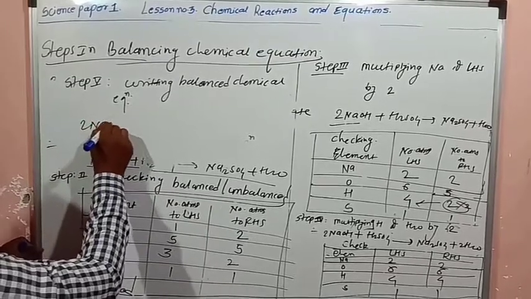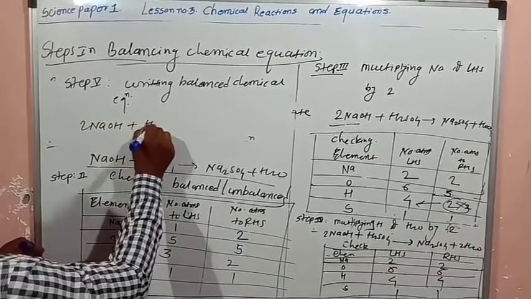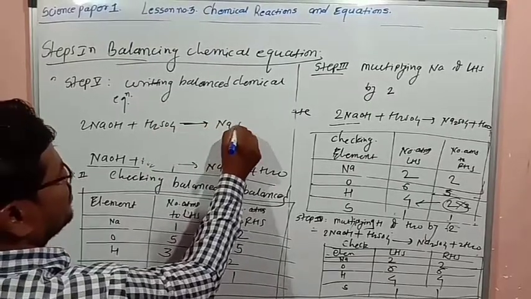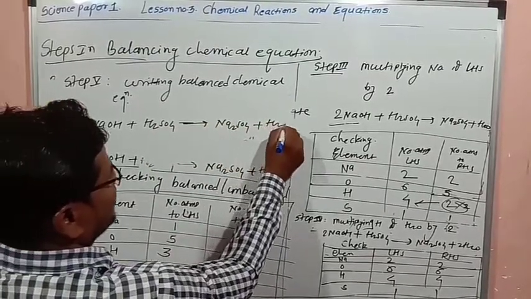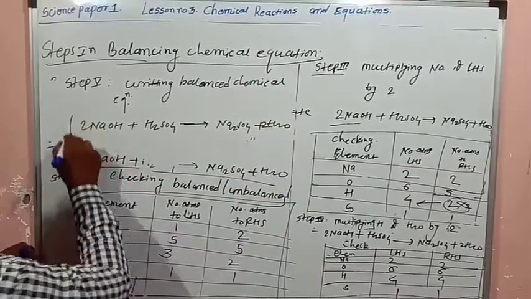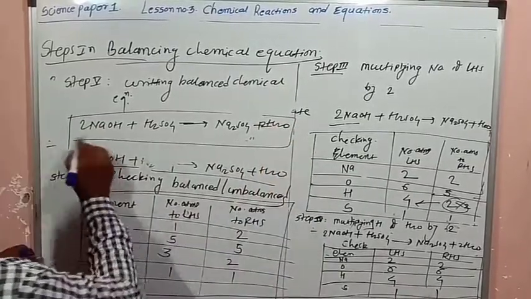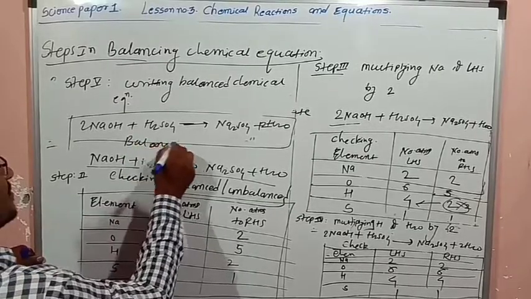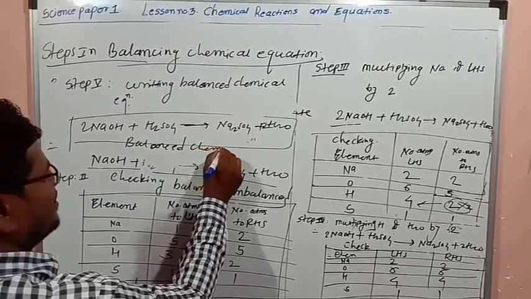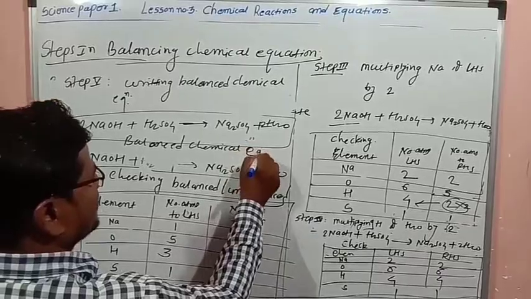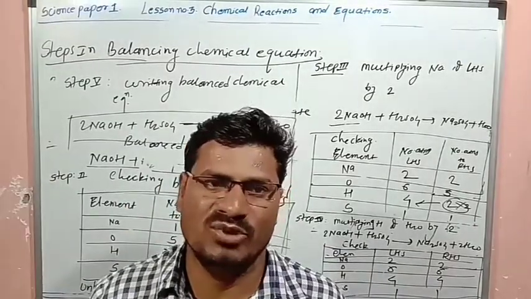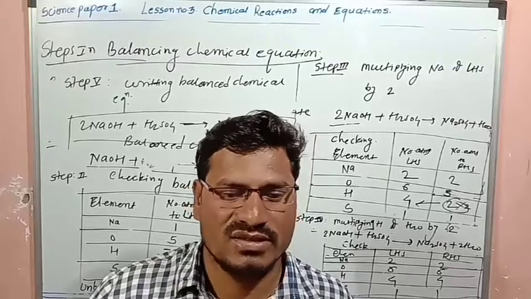Twice NaOH plus H2SO4, sulfuric acid, it gives Na2SO4 plus twice H2O, and this is the balanced chemical equation. Why is it a balanced chemical equation? Because the number of atoms to the LHS and the number of atoms to the RHS are the same.